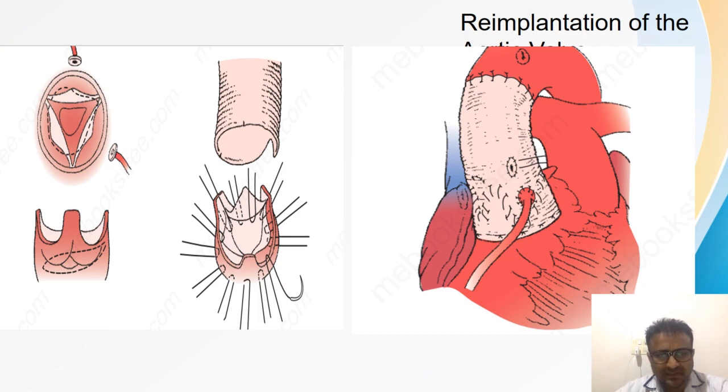Once suturing is done, the valve cusps and the coronaries are inspected so that they are aligned correctly. This is a technically demanding surgery which requires tremendous effort and experience.